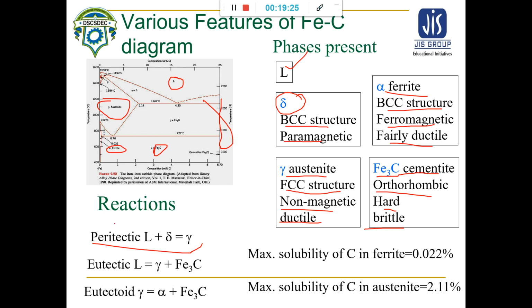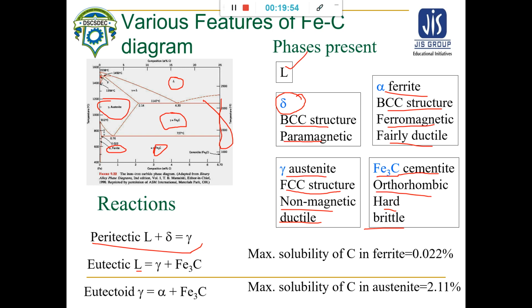The peritectic reaction occurs between liquid metal and delta ferrite, and that gives us gamma austenite. Next, in the eutectic reaction, the liquid metal transforms into gamma austenite and cementite. That mixture is called ledeburite.